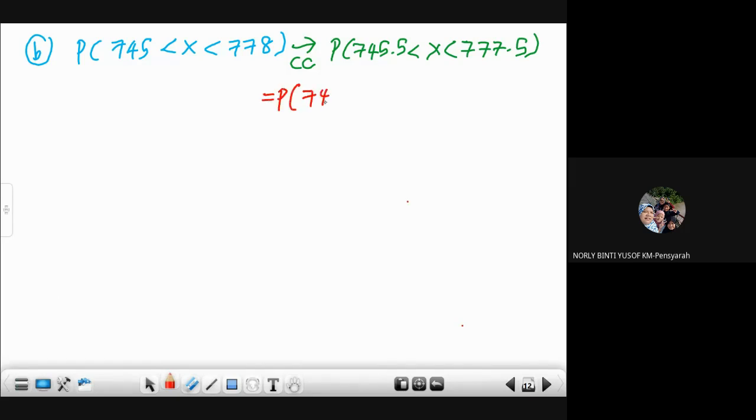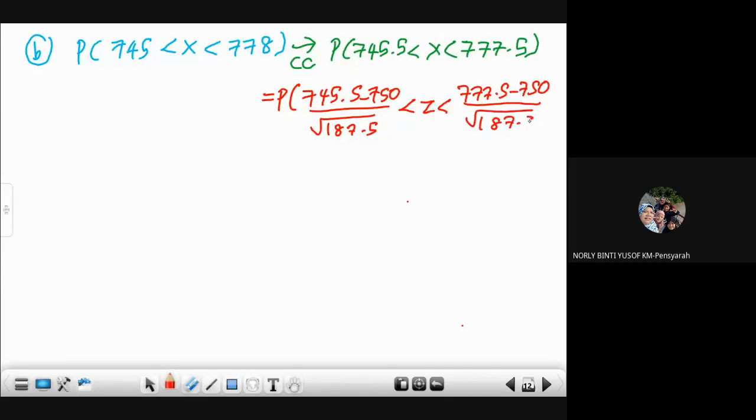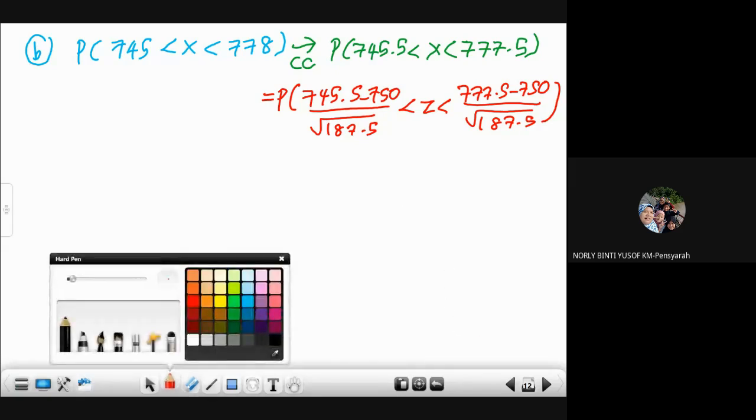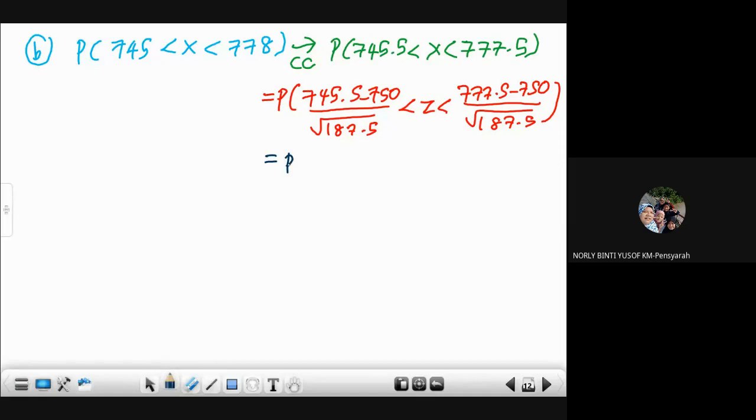So 745.5 tolak 750 bahagi square root of 87.5. Score Z you 777.5 tolak 750 bahagi square root 87.5. So you kira nanti you simplify, score Z adalah negative 0.33 and 2.01.